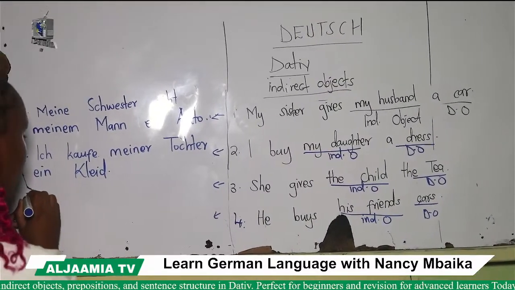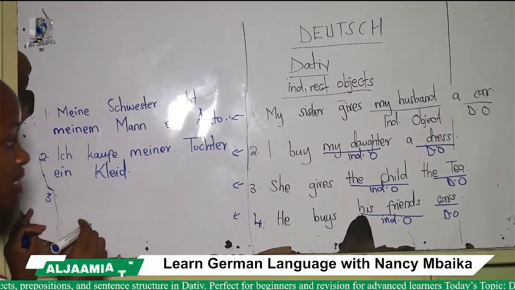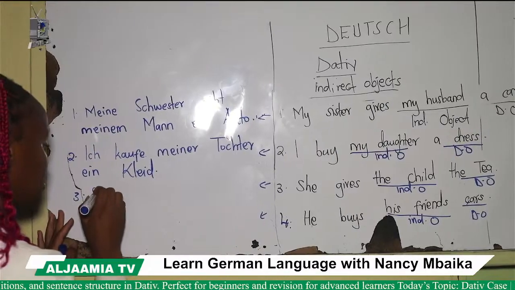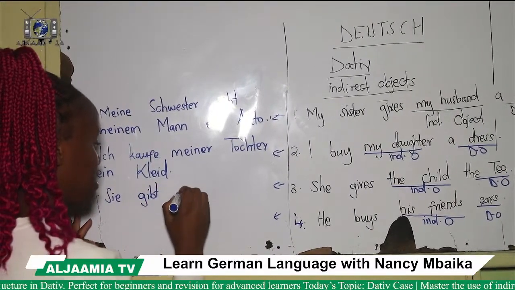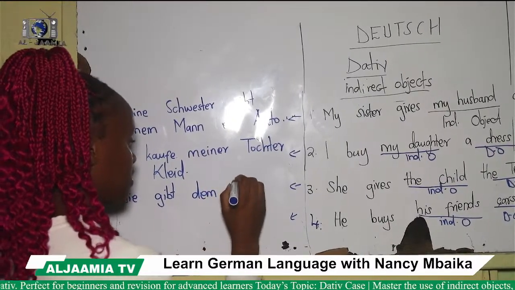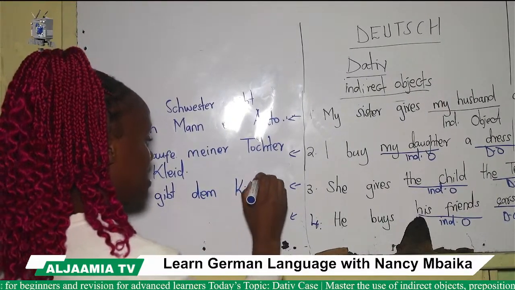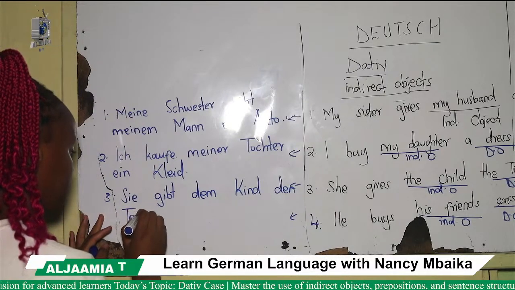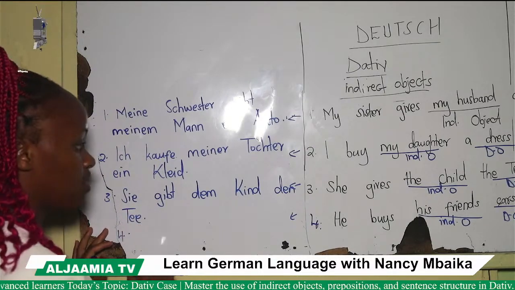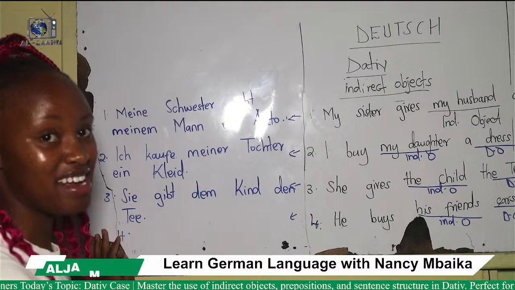And then you have number 3. She gives the child the tea. Sie gibt dem Kind den Tee. And then you have the final one. He buys his friends cars.